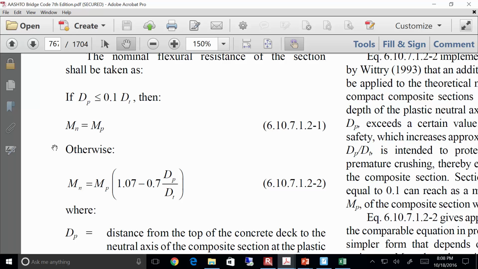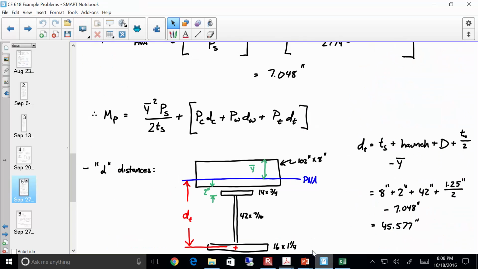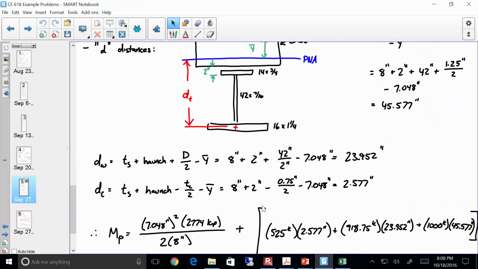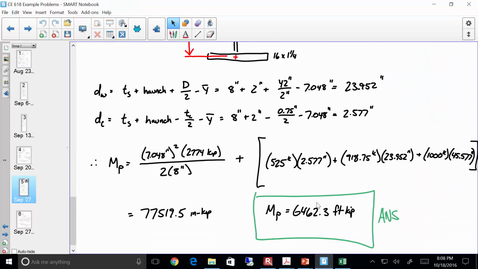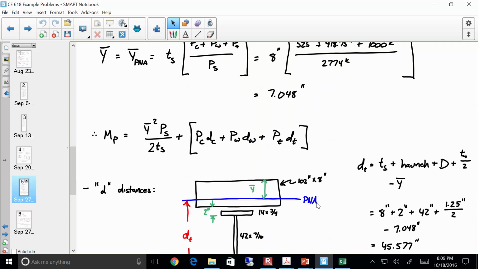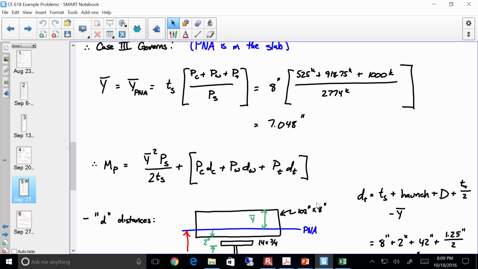Okay, let's start off with MP. We already did that, didn't we? Go through and go all the way down. Remember, we got MP was 6462.3. We already did that. Okay. Now, that's MP. dP. dP is the distance from the way tippy top of the section to where the P&A is. So, what is that?